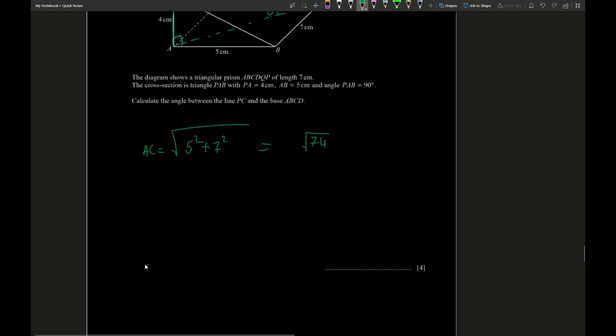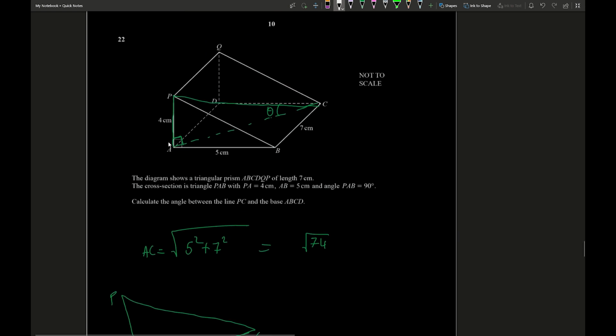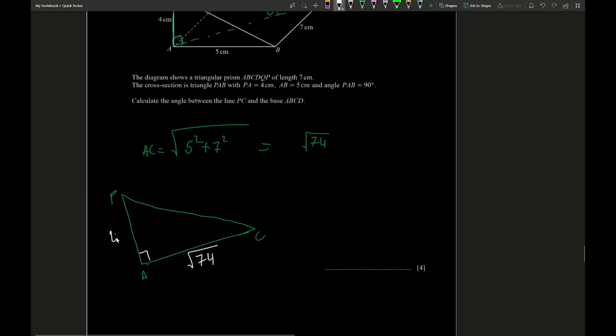So it would look something like this. Okay, so this is A, this is P, and this is C. Alright, you got a 90-degree angle right here. The diagonal AC is the square root of 74. And AP, we're given that AP is 4 centimeters. And we want to find this angle theta.